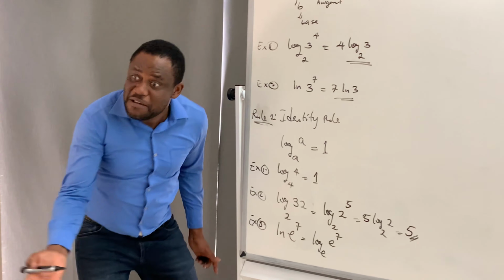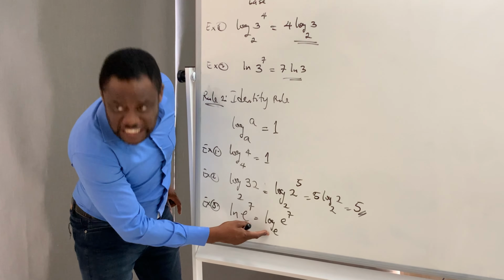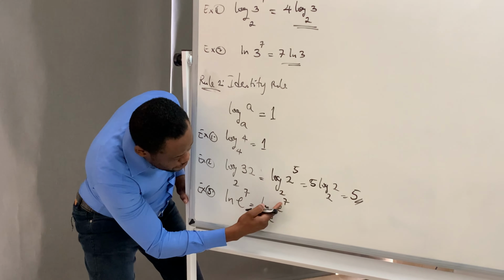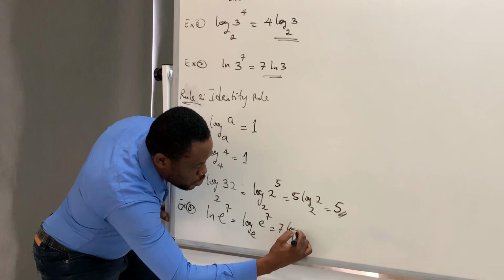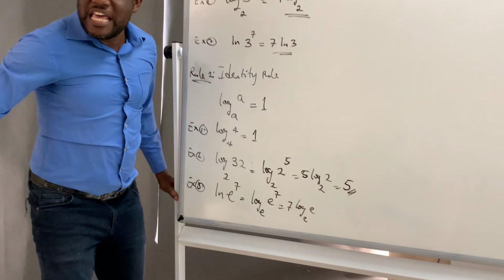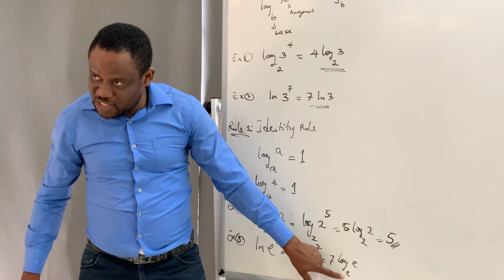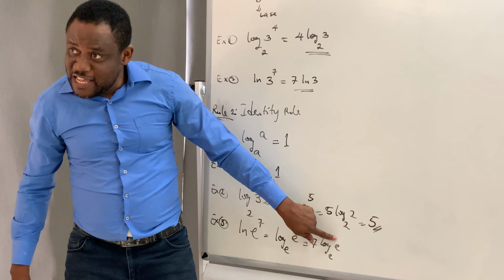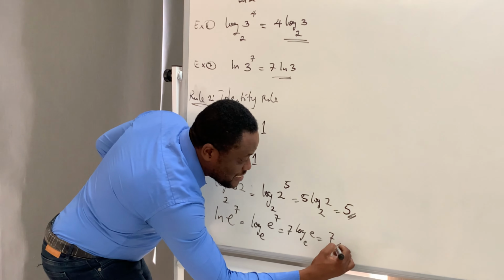This and this are the same. This is natural logarithm and this is common logarithm. Now, 7 is the power. It goes to the back, so I can say it's 7 log e. What do you notice? Base is e, argument is e, so it is 1. So I can say the result is 7.